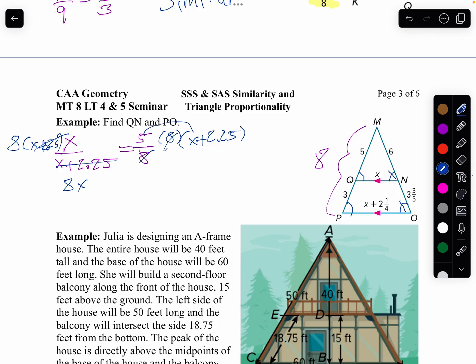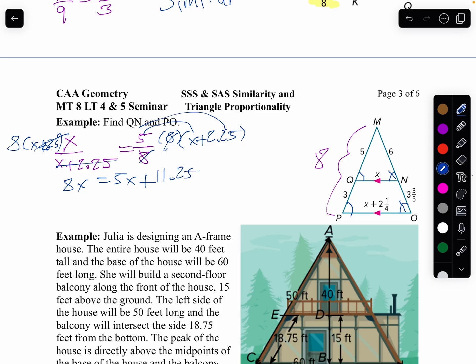I'm going to distribute my 5 to each of them, so I'll get 5x plus, and if I take 5 times 2.25, remember, 5 times 2 is 10. And then I'll take 0.25 times 5. I'll add those up, and we get 11.25.